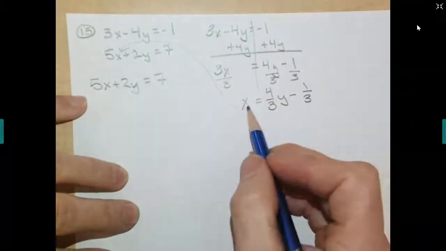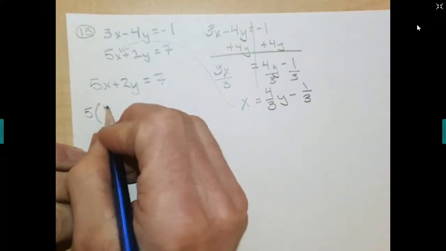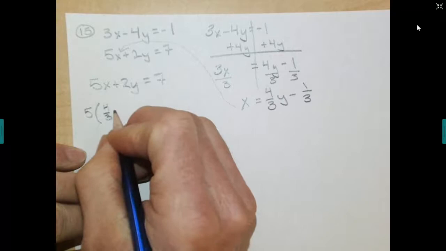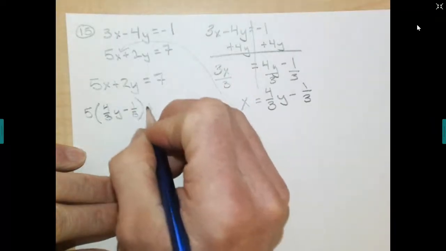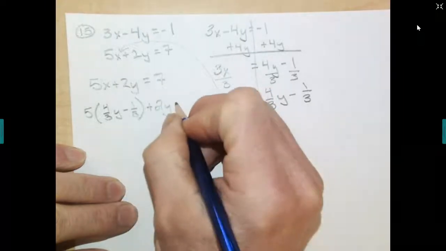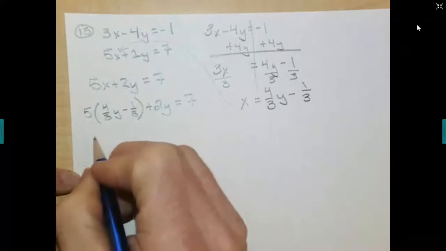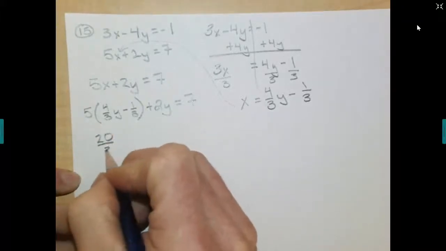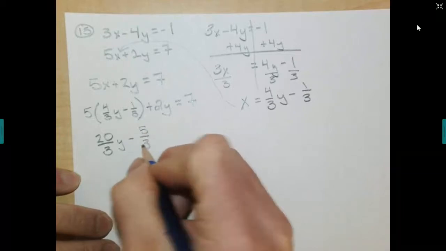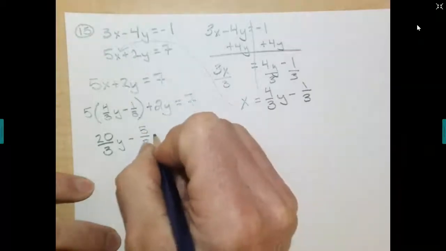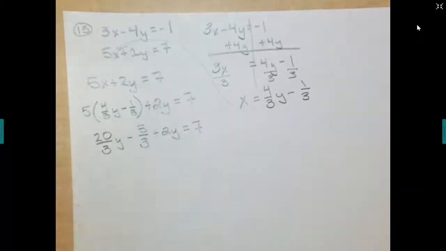Alright, so I'm going to plug this x into here. So 5 times 4/3 y minus 1/3 plus 2y equals 7. 20/3 y minus 5/3 plus 2y equals 7.